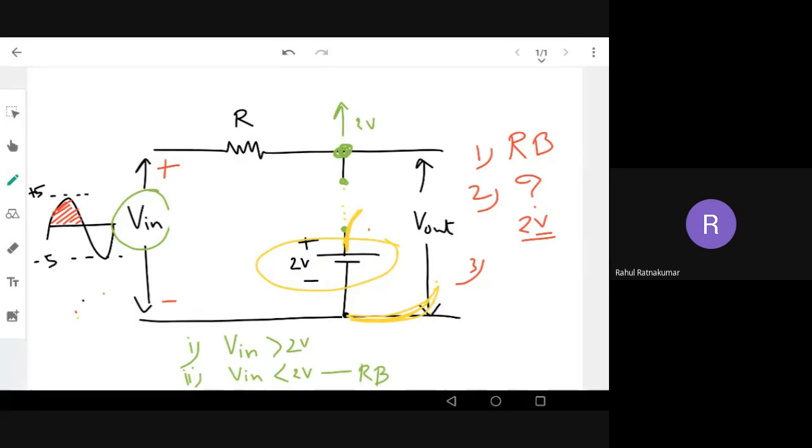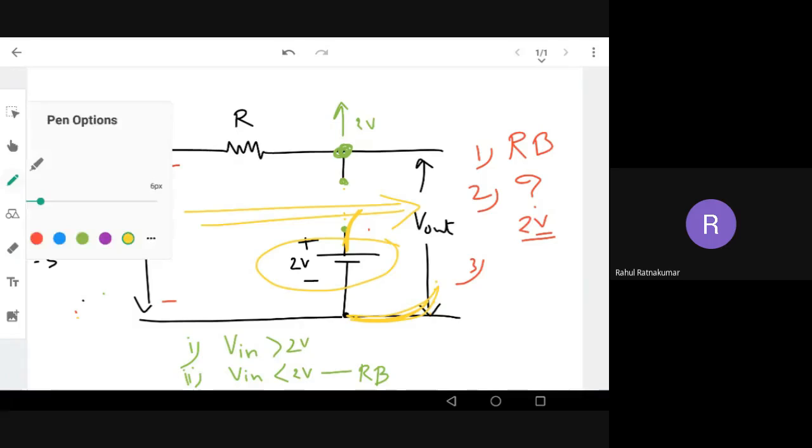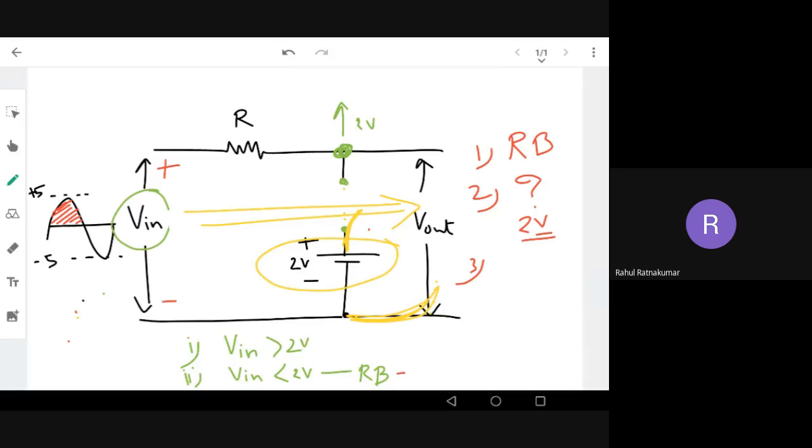So the battery doesn't come into the output. It doesn't have any value, because a battery or a voltage has an effect only if it is in a closed path. So all my input goes directly to my output because of this open circuit case. This is the second condition we discussed: the reverse bias causes V output to equal V input.